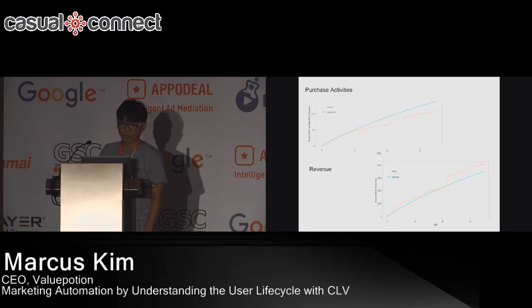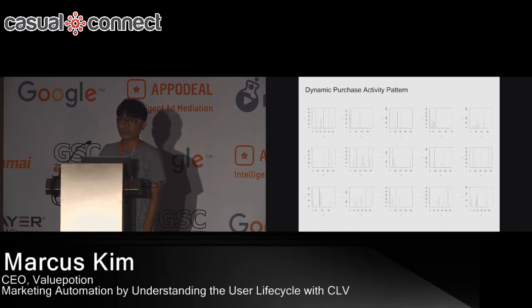As you can see from this purchase activity chart, the purchase activity prediction model has a big gap from real data. The red line is real data too, and it is the same for the revenue prediction model.